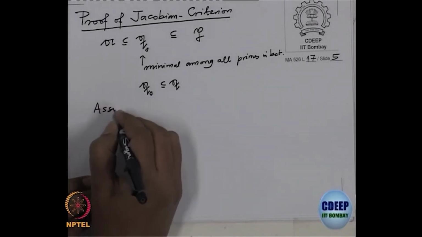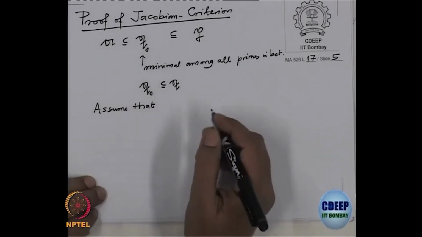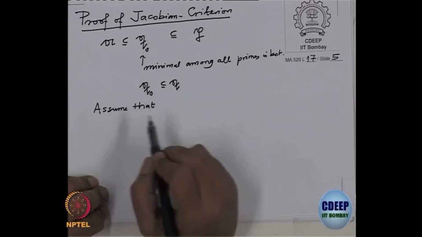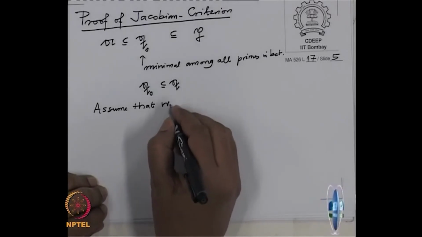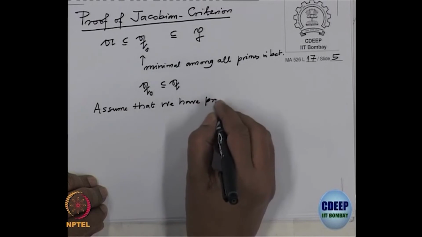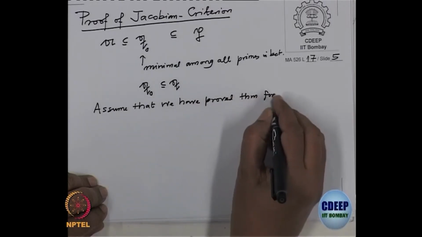Suppose I have proved it for Q naught, then I want to deduce it for Q. So assume that we have proved the theorem for Q naught.